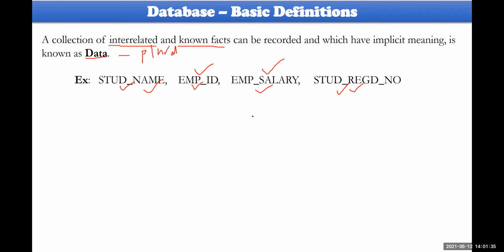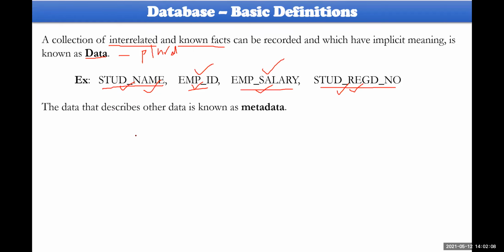So we have given some examples. Student name and student register number are both known facts only. Employee ID and employee salary are also known facts only. If you collect them in such a particular order, then they will be considered as data. We'll go through this particular data very clearly in unit number 2.